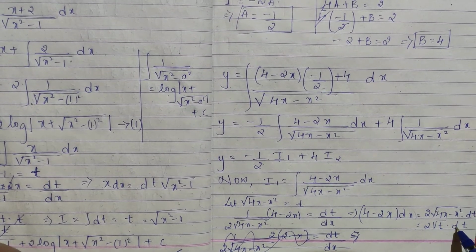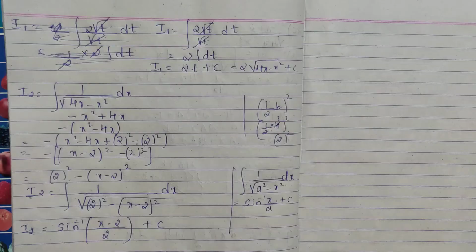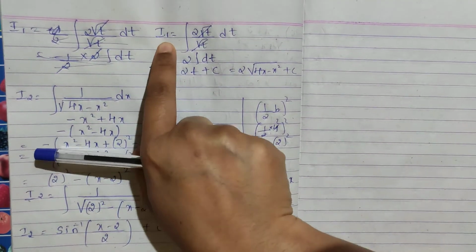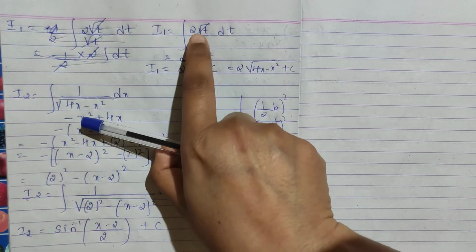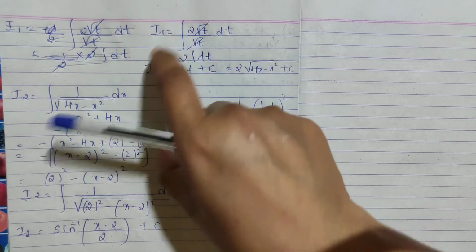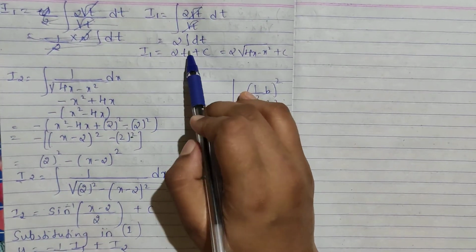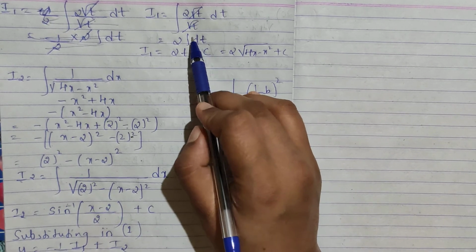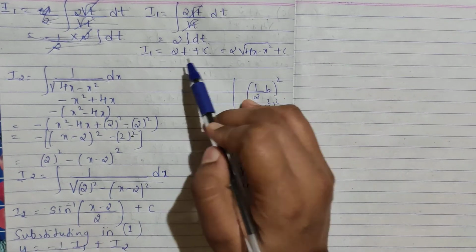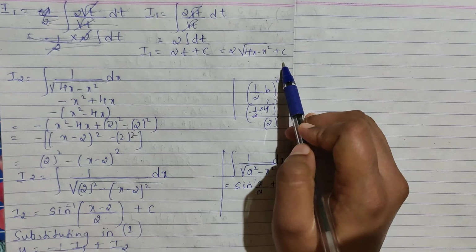Now substitute everything. So what is your I1? I1 is equal to integration 2 root t divided by root t dt. Root t gets cancelled. So you will get 2 integration dt. So your 1 with respect to t will be t plus c, and t is root of 4x minus x square plus c. Now we will see for I2.